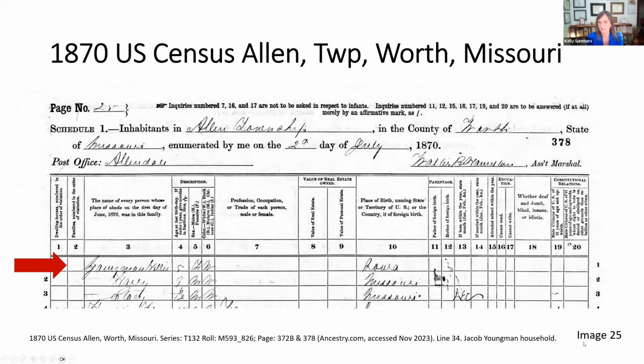I went until image 25, and then I found this. Again, that same Z-looking Y. We have Nellie, who is 5, Harry, who is 3, and Stacy, who is 6 months. Nellie was born in Iowa, Harry and Stacy in Missouri, and this is exactly what we knew and already had.